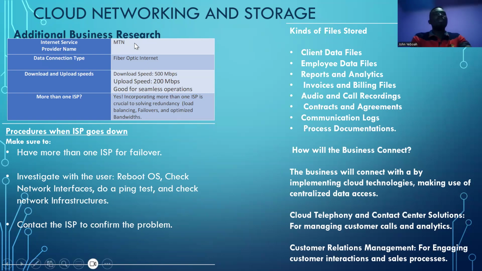We are looking at MTN, but we have Vodafone as well. We are looking at a download speed of 500 megabytes per second and an upload speed of 200 megabytes per second.